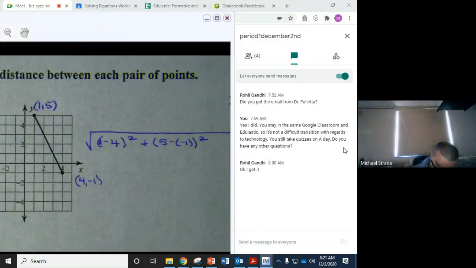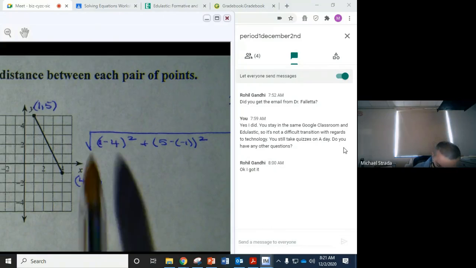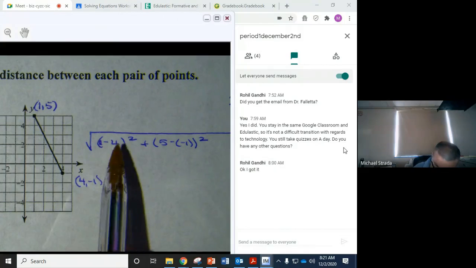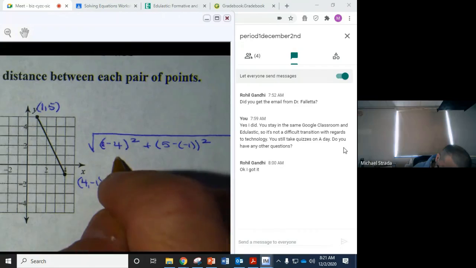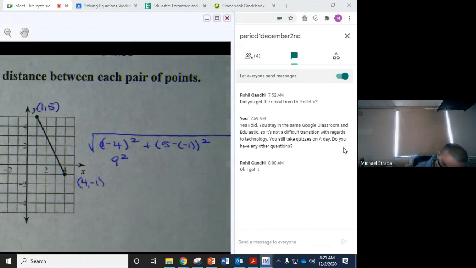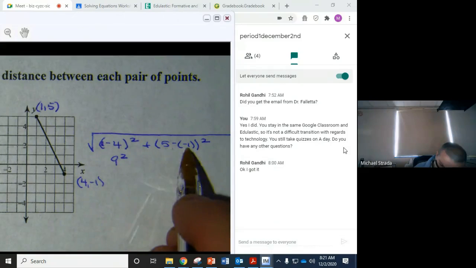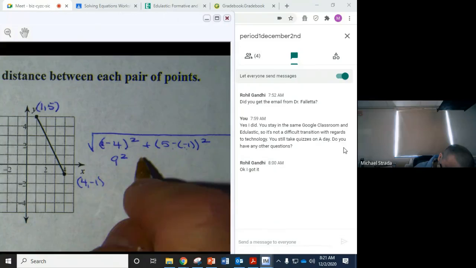So that's the math behind it. 1 minus 4 is negative 3. Negative 3 squared is 9. 5 minus negative 1 is 5 plus 1, which is 6.